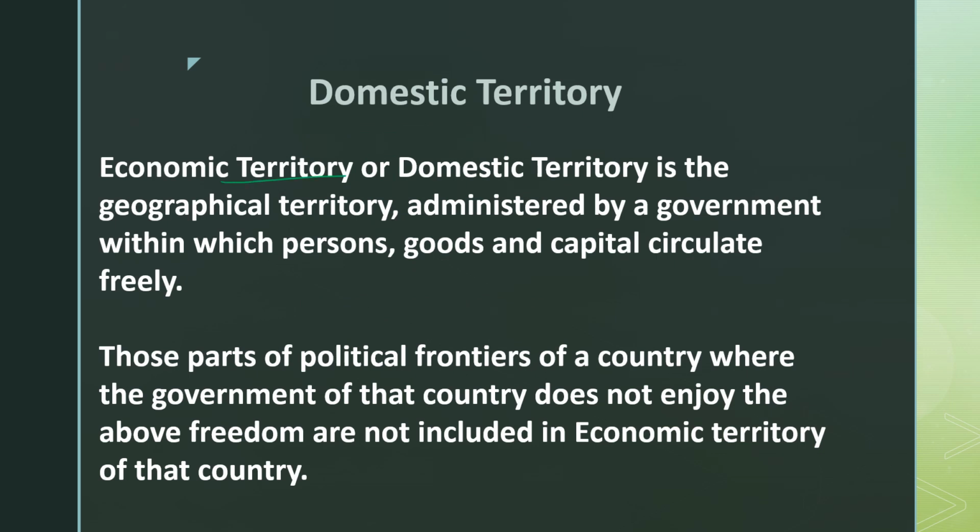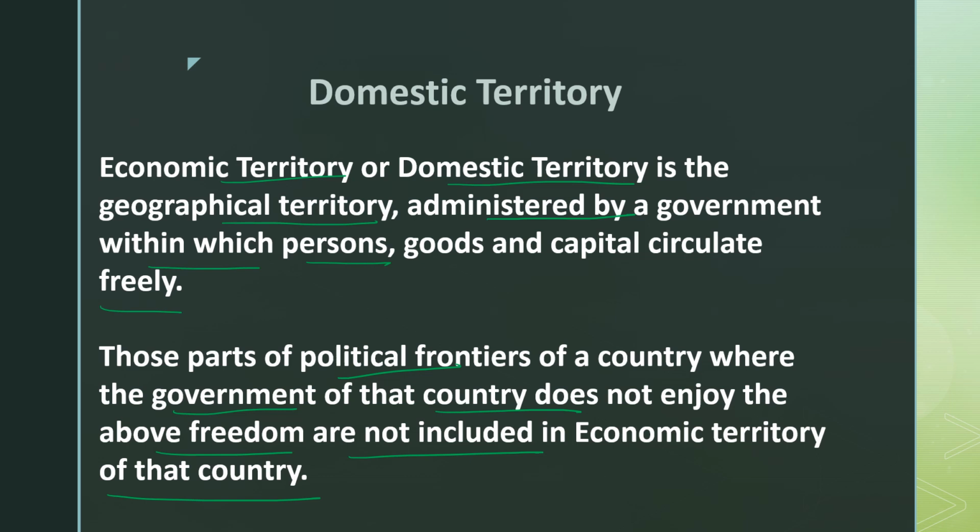So economic territory or domestic territory is the geographical territory administered by the government within which persons, goods and capital circulate freely. The area where people, goods and capital can easily circulate, that is known as domestic territory. And the parts of political frontiers of the country where the government of that country does not enjoy the above freedom are not included in the economic or domestic territory of that country.